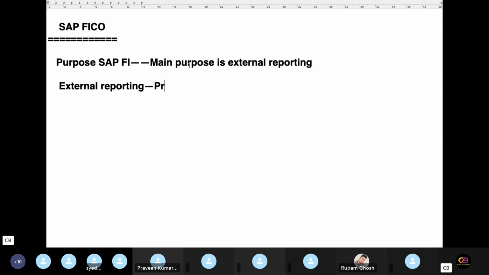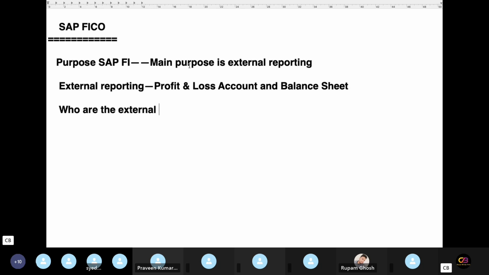External reporting in the sense profit and loss account and balance sheet. Right? So who are the external users? The main purpose of SAP FI is to get the financial statements.